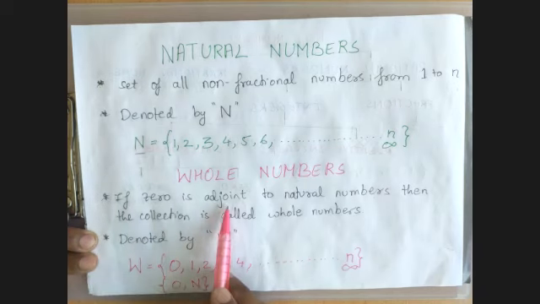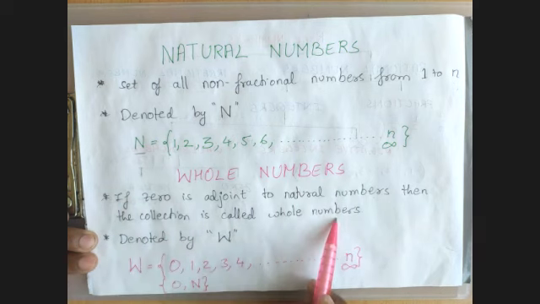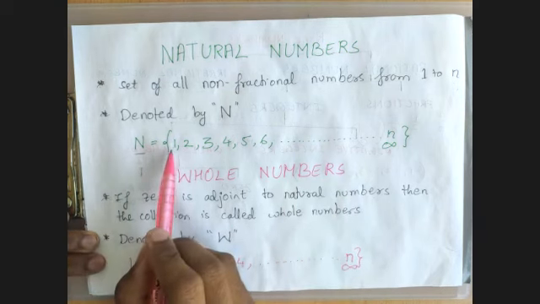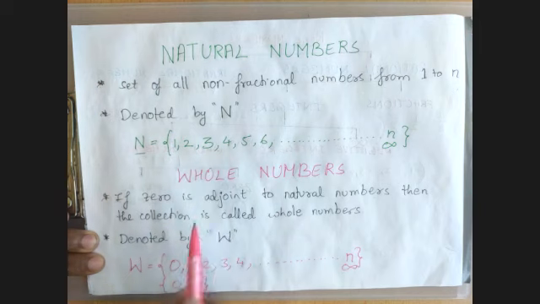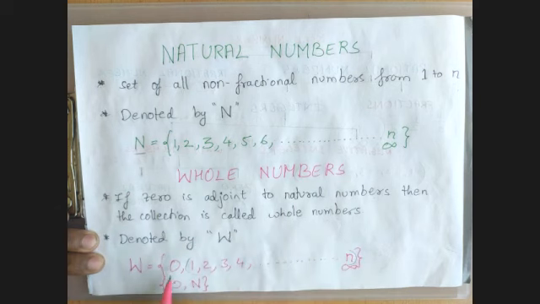If 0 is adjoined to natural numbers, then the collection is called whole numbers. That means if I add 0 to this natural number set, it becomes the whole number set: 0 and natural numbers.